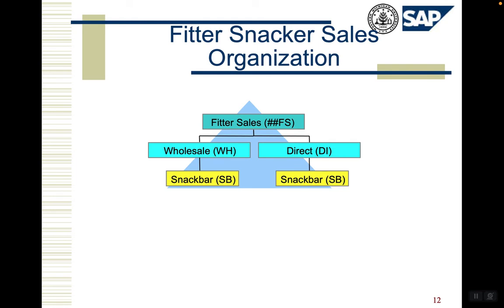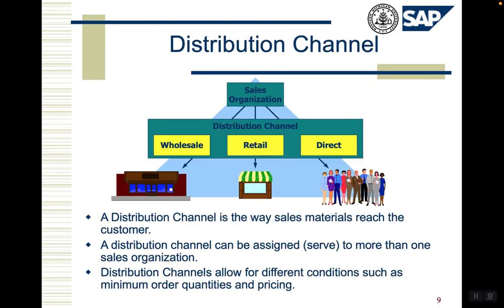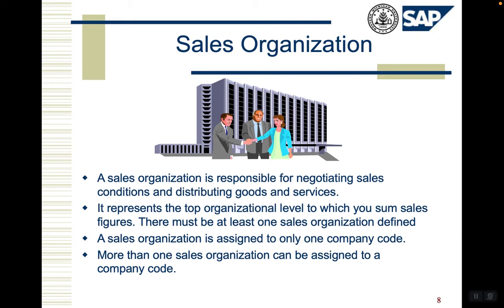The reason we talk about this is that when we do the SAP lab exercise, we'll see references to things like the sales organization, the distribution channel, and the division. It all shows up within the screen.